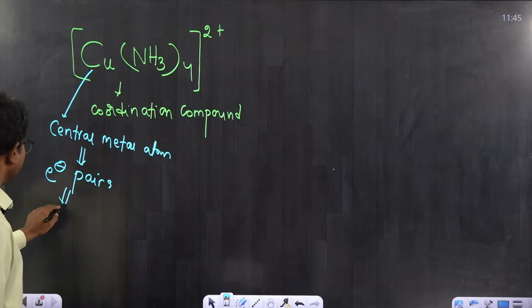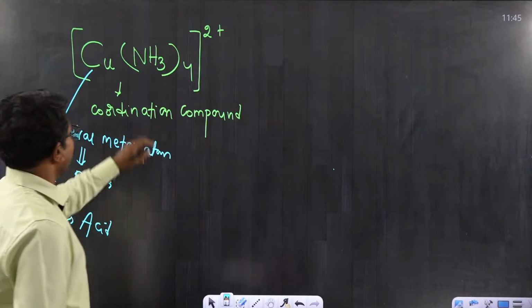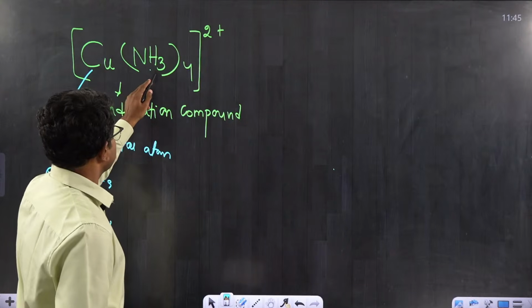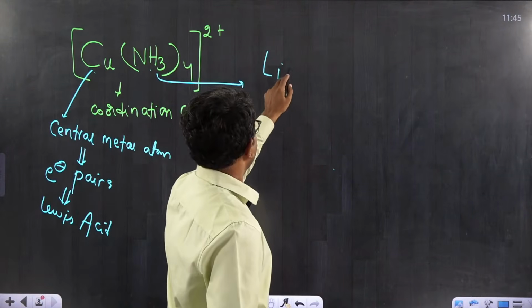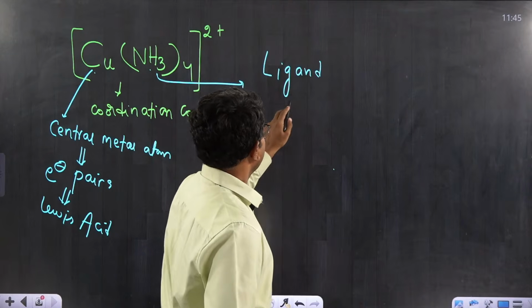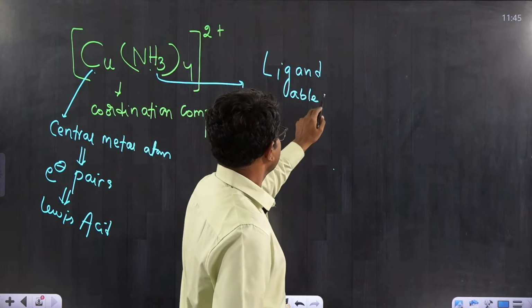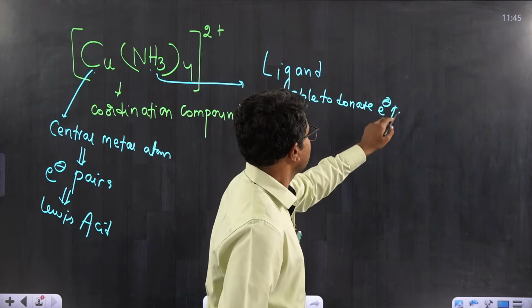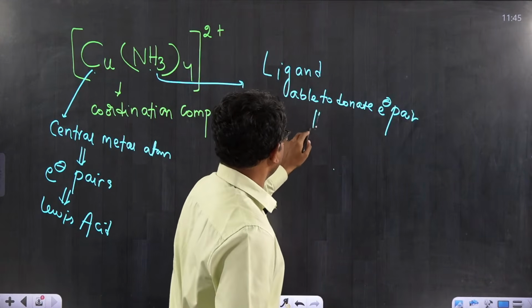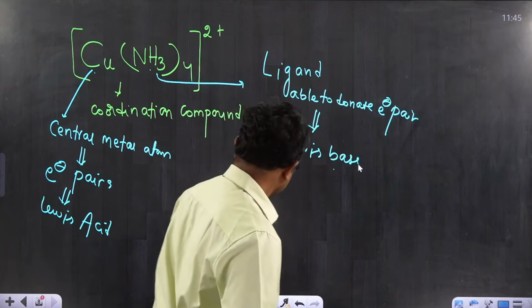The species which is able to accept electron pairs is called a Lewis acid. Now the group of atoms or a species which is bonded to the central metal atom is called a ligand, and this species is able to donate electron pairs. The species which is able to donate electron pairs is considered a Lewis base.